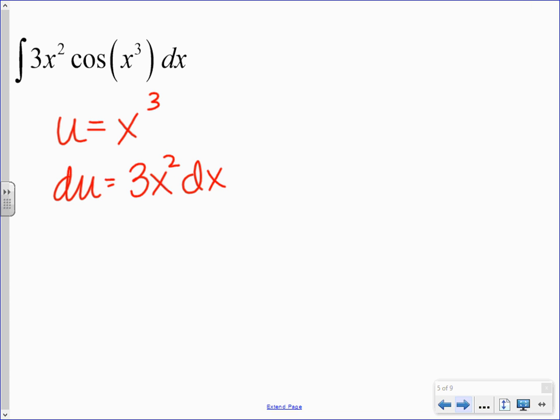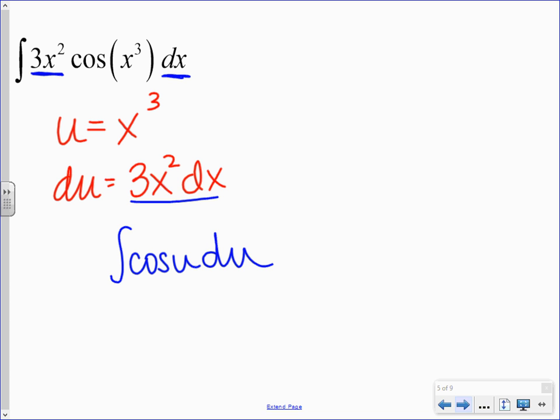So then, since u equals x cubed, we can rewrite cosine of x cubed as cosine of u. And then we have this 3x squared times dx. Well, 3x squared times dx we can replace with du. So now we have just a simple integral, cosine of u du.